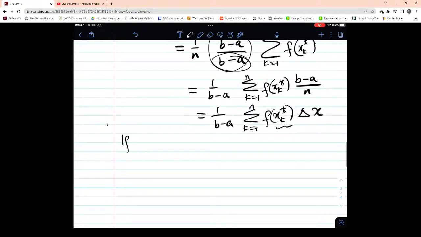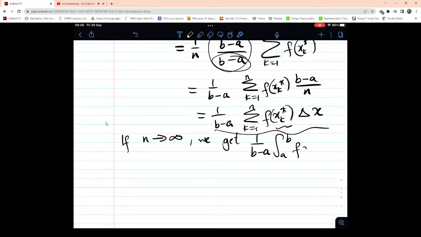And if n goes to infinity, then these become very small until we get to the actual average. You'll see that as n tends to infinity, this just becomes the integral of f of x dx, if you remember when you were looking at Riemann sums.